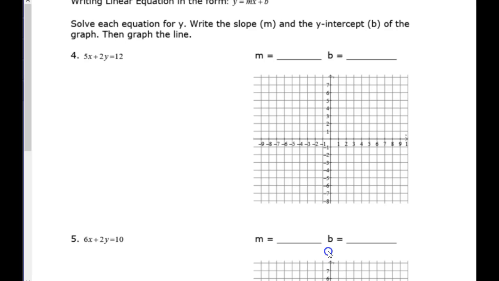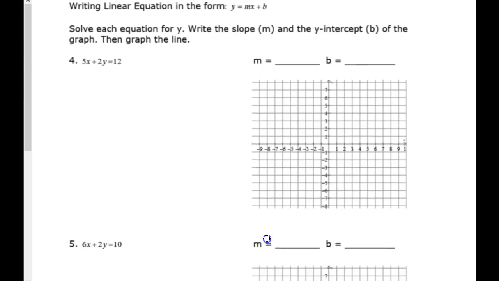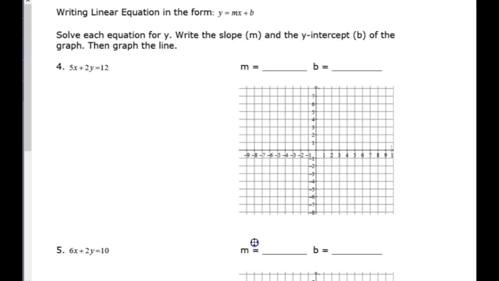Now let me clarify on here because some people are getting stuck. Notice the instructions. This is a new section. It's old information though. This says to do what? Solve each equation for y. Solving for y.